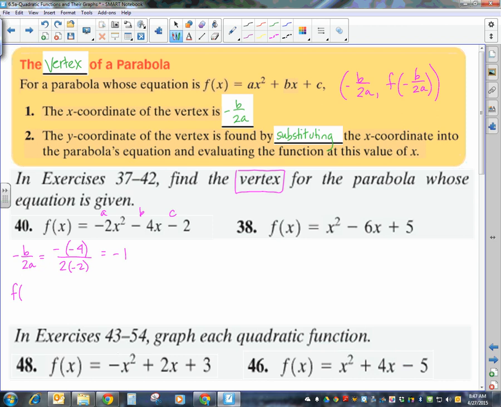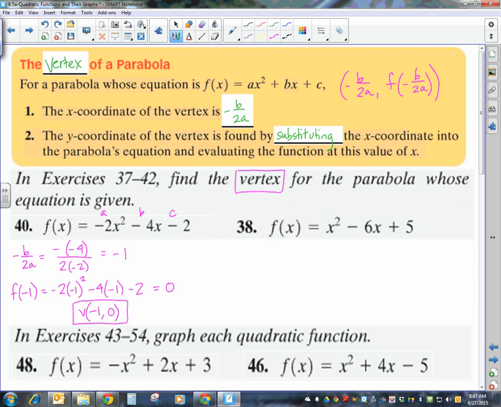And now I'm going to go figure out what do I get when I put in negative 1. So that's negative 2. I got a negative number again. We're putting parentheses around every time we insert it into the equation. Okay, and when you put that in your calculator, that gives you 0. So your vertex is, I always put a V there so we know what this point represents, negative 1, 0.